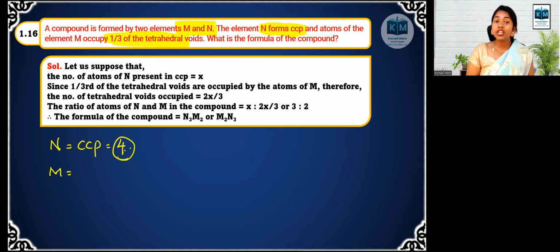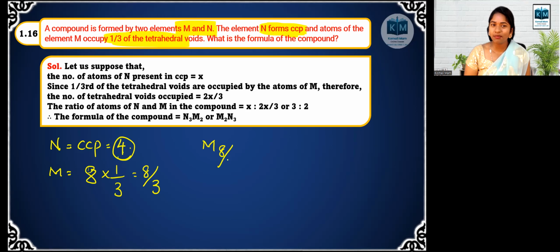The number of atoms is 4. Tetrahedral voids will be double the number of atoms, so 8, and only 1/3 of them are occupied, so it will be 8/3. That's it. M is 8/3 and N is 4.